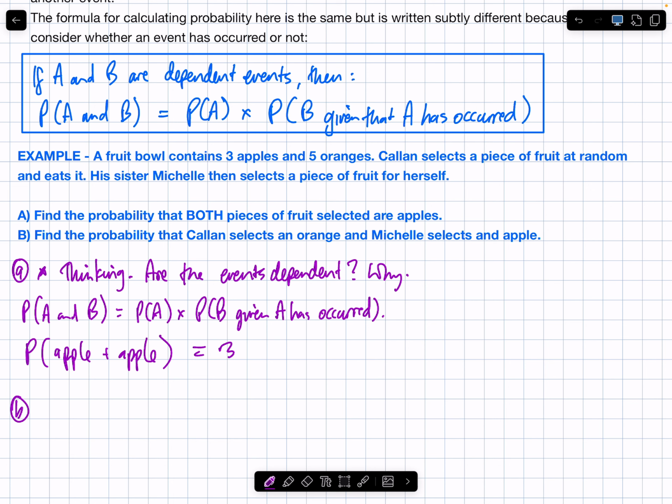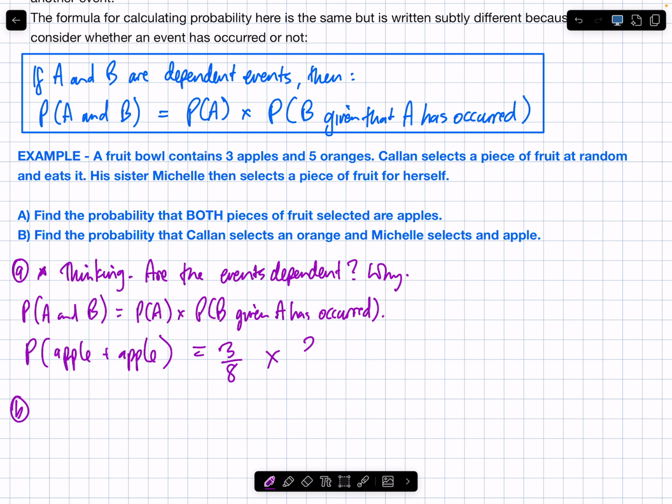So 3 over 8 multiplied by, given that an apple has been taken away, what would the chance for Michelle be of getting an apple as well? 2 over 8 or 1 over 4? Is it 8 anymore? Oh, sorry, 2 over 7. Good. I like that we're all working together.